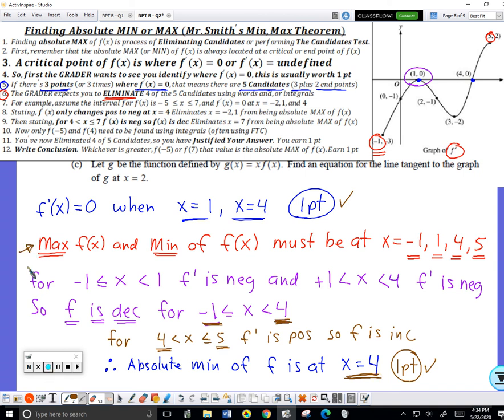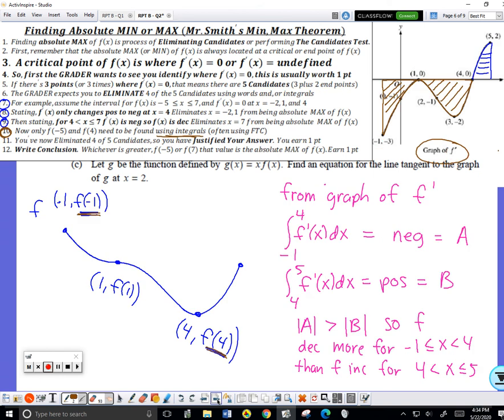You would need all of this. The conclusion is just this finding it. And then you would also need all of this or something similar to get the justification point. So this is part B, and it was worth a total of 4 points.